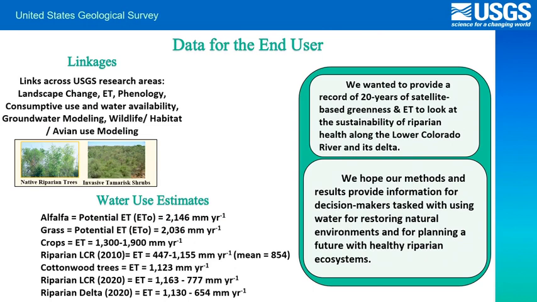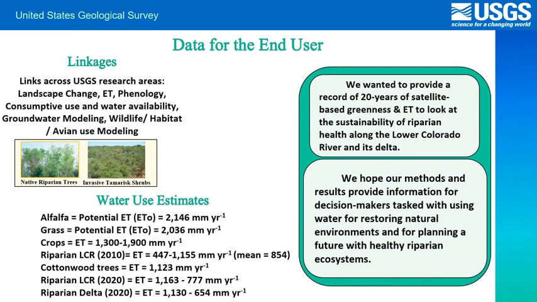What we're trying to do is produce data for the end user, and this could be linked through different areas of USGS research like landscape change, phenology, consumptive use and water availability, groundwater modeling, wildlife habitat, avian use modeling.